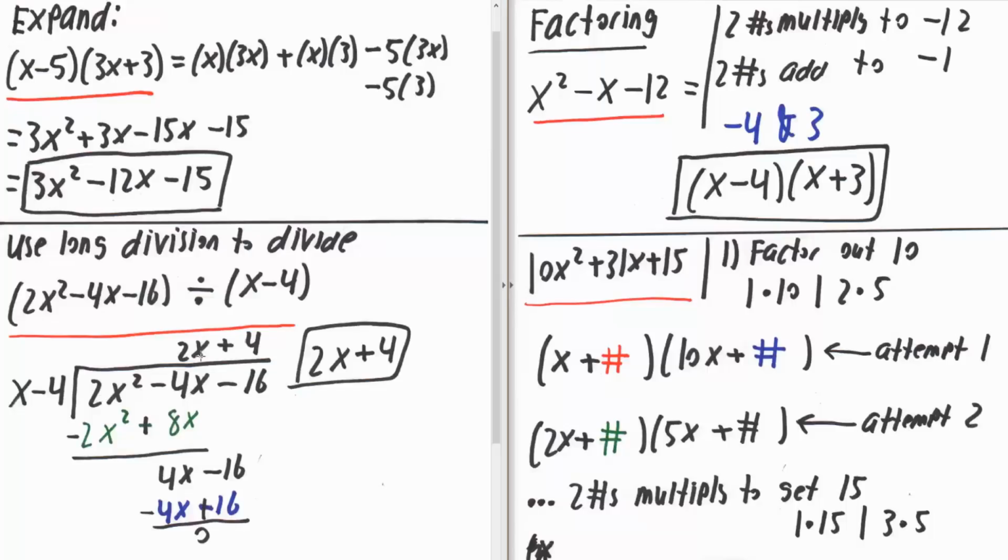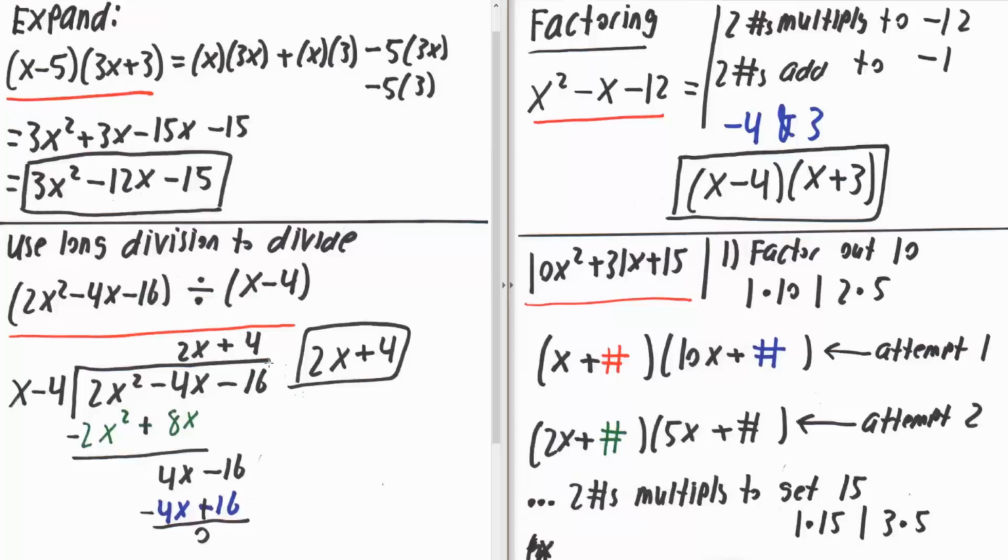If we multiply 2x by x minus 4, we would get 2x squared minus 8x. And what we do here is we put negative, negative. So this would become 0, and then this would become 8x minus 4x, which is going to give us 4x. We bring down negative 16, so we have 4x minus 16.